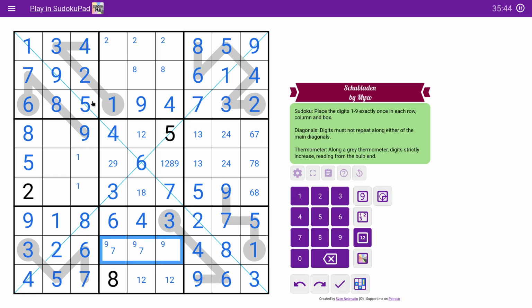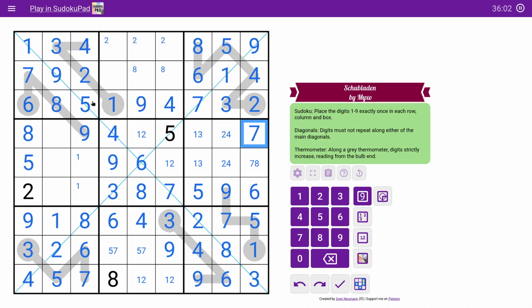7 and 5, making this 9, yes? I really wasn't expecting the puzzle to just immediately fly open like this once that step was resolved.